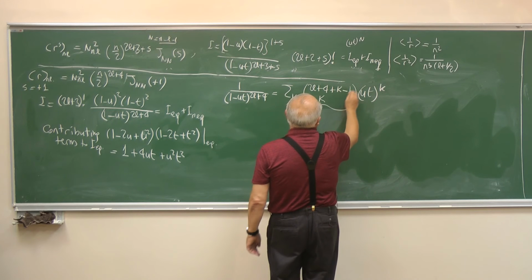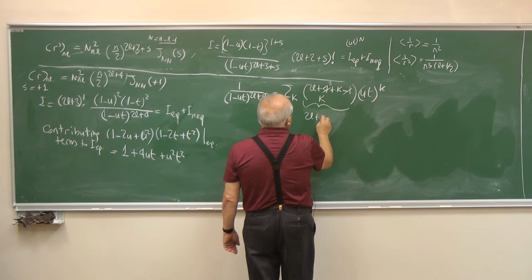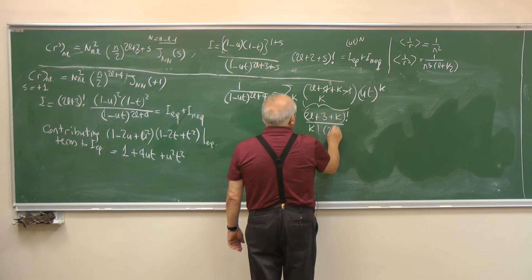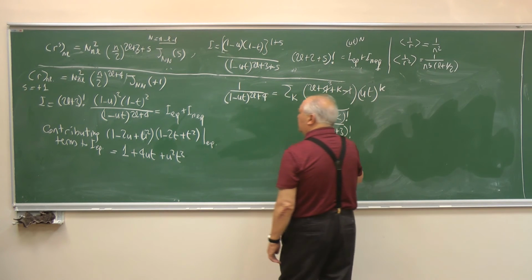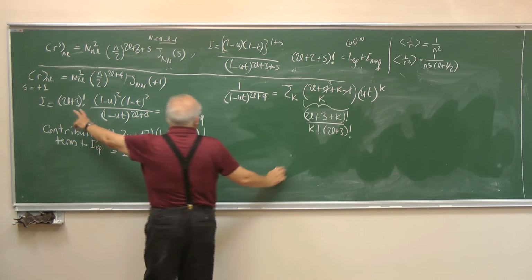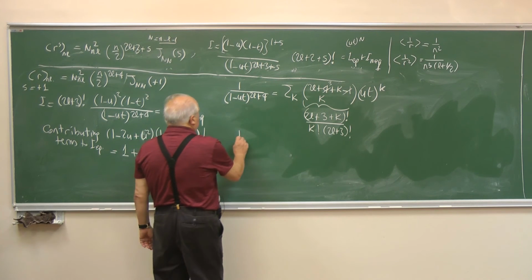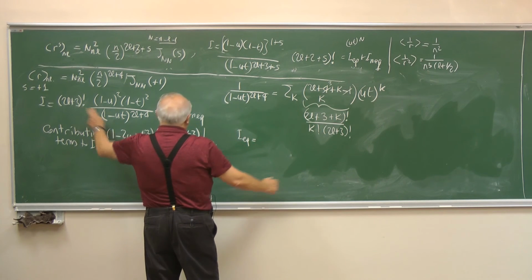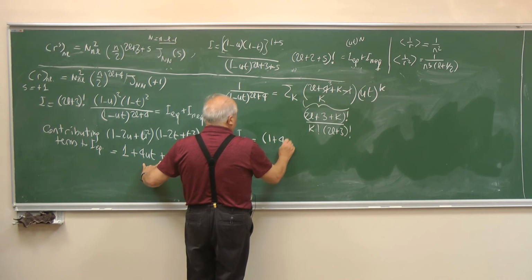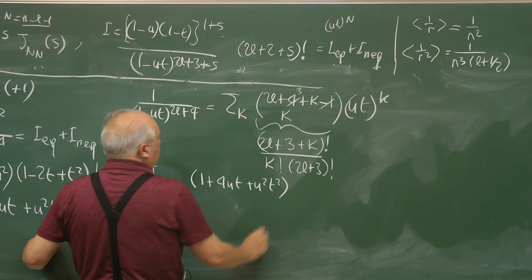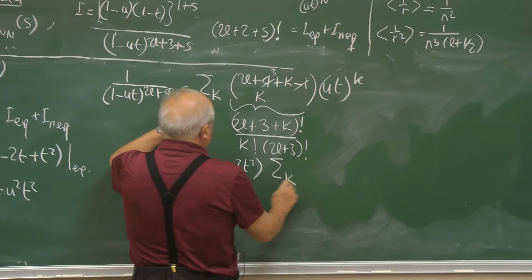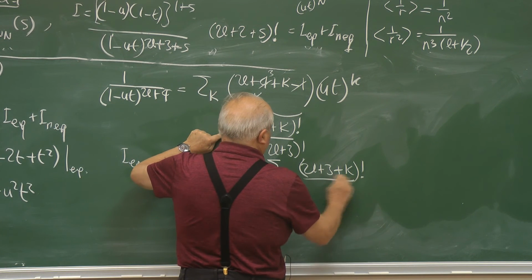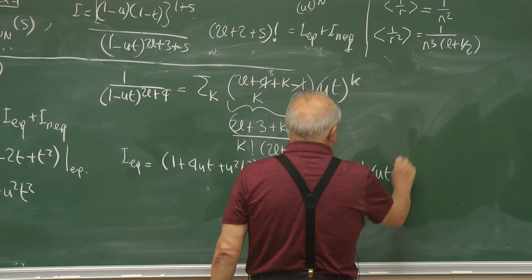And this is (2l+3+k)! divided by k! (2l+3)!. This (2l+3)! will cancel that (2l+3)!. So I am cancelling these, considering simply 1 plus 4ut plus u squared t squared times the sum over k of (2l+3+k)! divided by k! times (ut) to the power k.